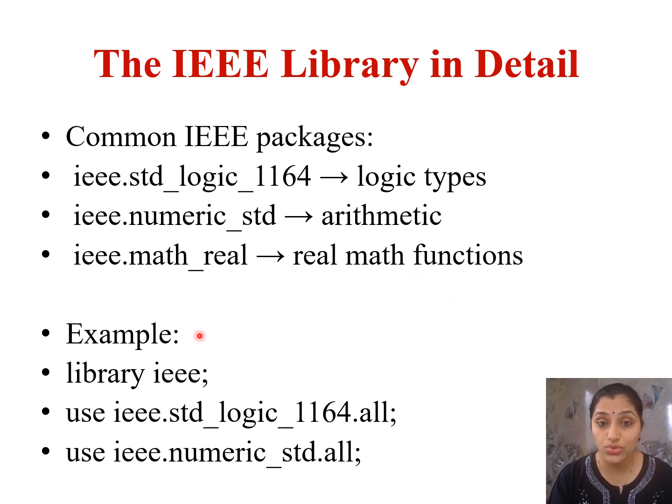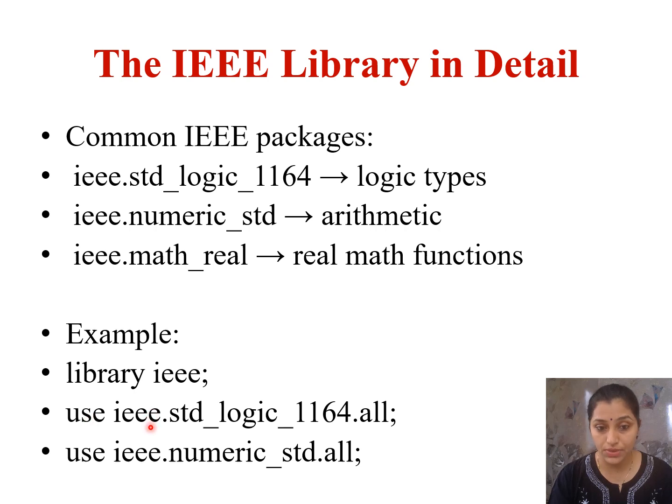So how to use that library IEEE? First line in every VHDL code is library IEEE, it means I'm using IEEE library, and in that IEEE library, I'm using a package. So to include package, we use the use clause.